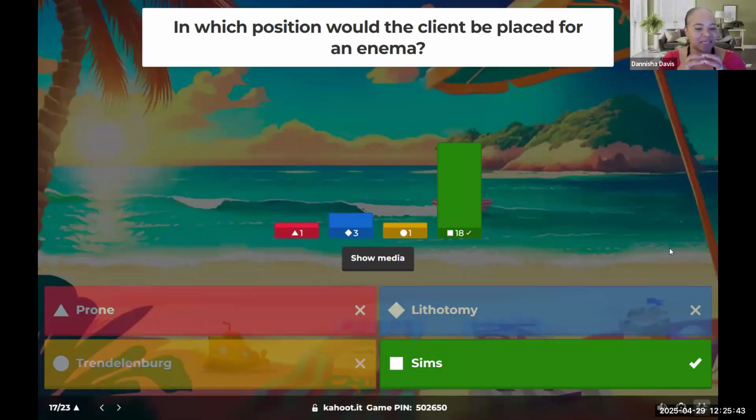What is lithotomy? Legs up and stirrups. Yes, the position that you go in when you're trying to deliver a baby. What is prone?